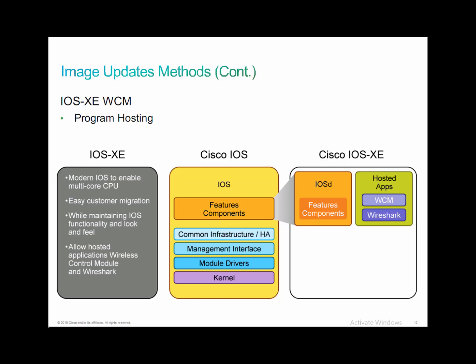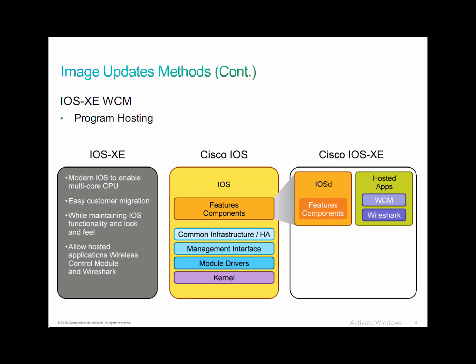Now, interestingly enough, and this may or may not be something that you guys are used to seeing, IOS XE software has a completely different architecture than Cisco IOS. We run these daemons, IOSd, and d stands for daemon, in the XE image.